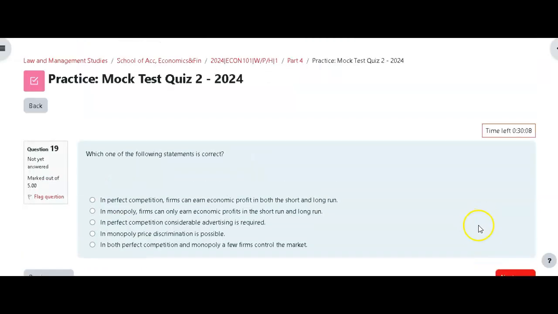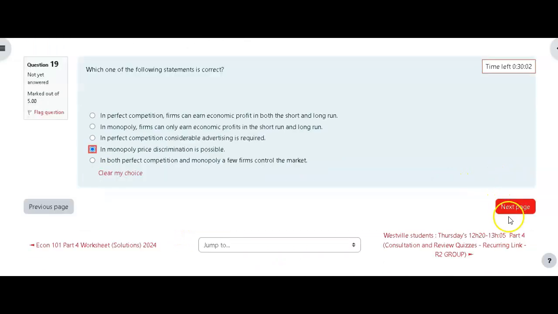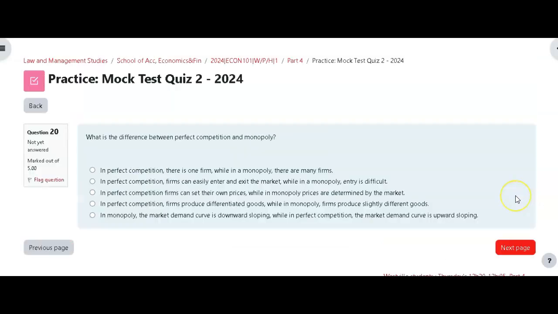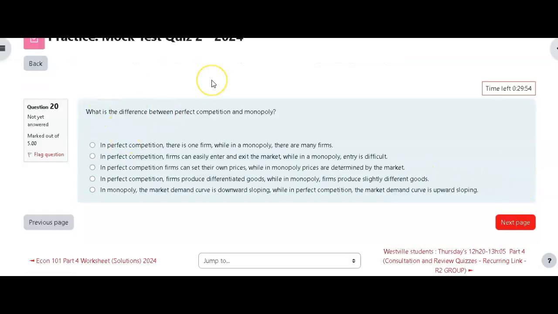The next one, which of the following statements is correct? As soon as I see this, in monopoly, price discrimination is possible. It means that you charge one price to someone, another price to your friend, another price to someone else. What's the difference between perfect competition and monopoly? Monopoly is like Econ. Perfect competition is like your normal shop selling chips.